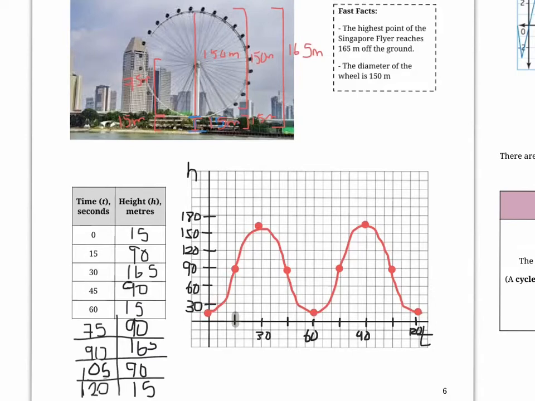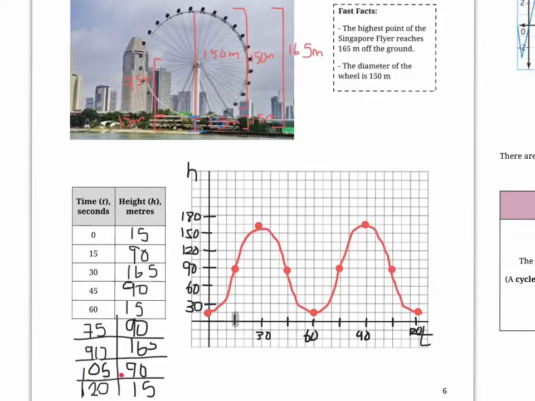So there's a reason why I brought you on this whole Ferris wheel excursion, which is that a Ferris wheel is an example, or the height of someone on a Ferris wheel is an example of a periodic function. So a periodic function just means it has repeating y values in a pattern over and over and over again.